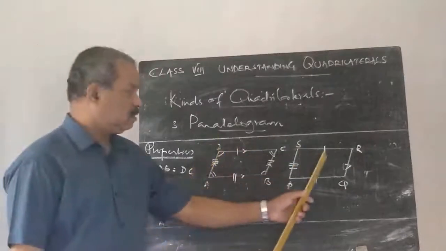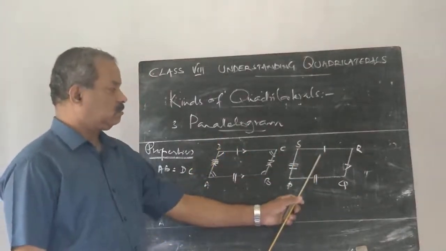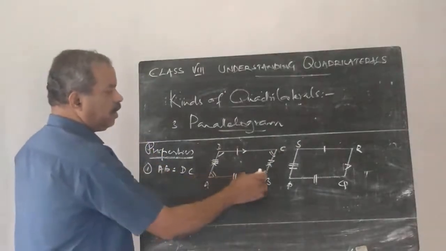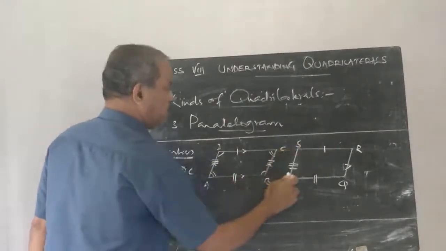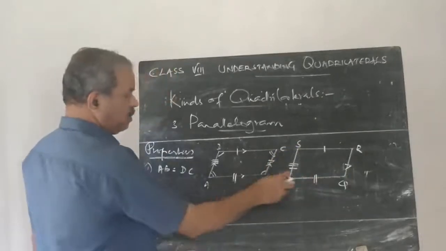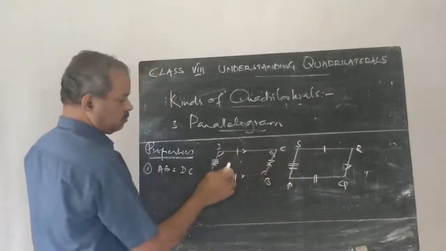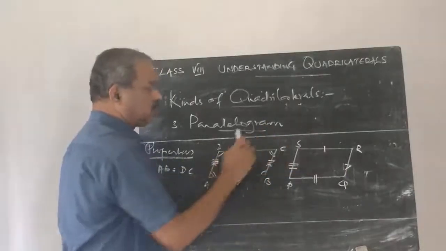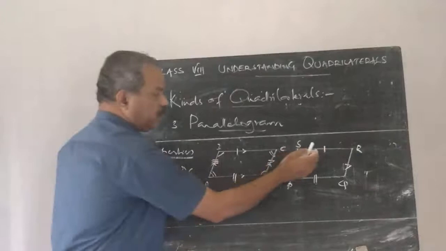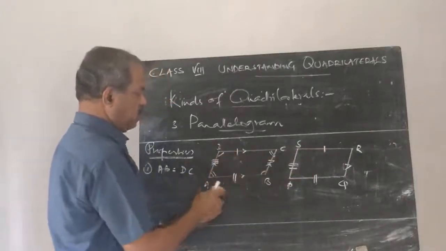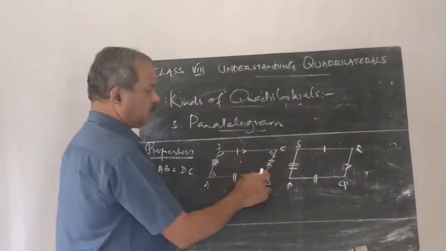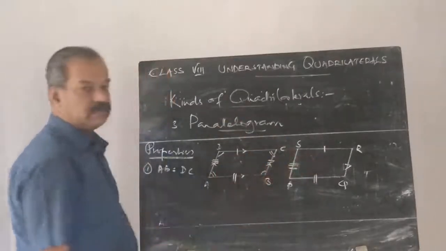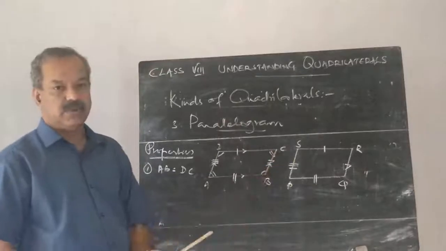If you put this cutout of the parallelogram on this, we can see that AB equal to PQ, AB equal to SR. Here SR equal to DC. When we put this figure on this in such a manner that SR and PQ coincide, we can see that those two figures coincide.